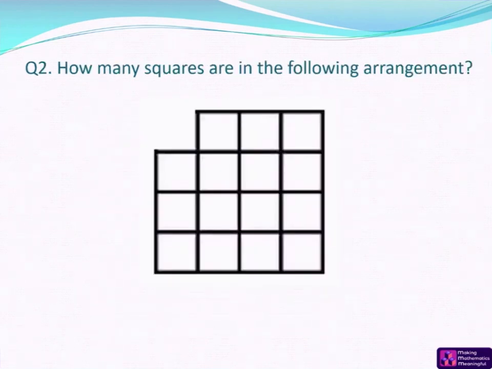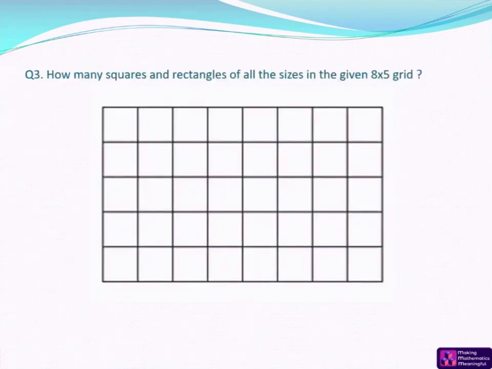Similarly, the second question: how many squares are in the following arrangement? And the third question for you: how many squares and rectangles of all sizes in the given 8 by 5 grid?